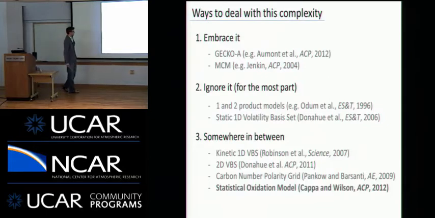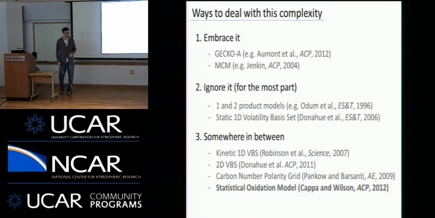Or some models try to fall somewhere in between, trying to capture some of this complexity, but not deal with it explicitly. And these are going to be things like if you add aging reactions to the volatility basis set, and we'll look at what that means in a minute, or other variations on the volatility basis set. Kelly Barsanti and Jim Pankow have introduced a method here that they call the carbon number polarity grid.